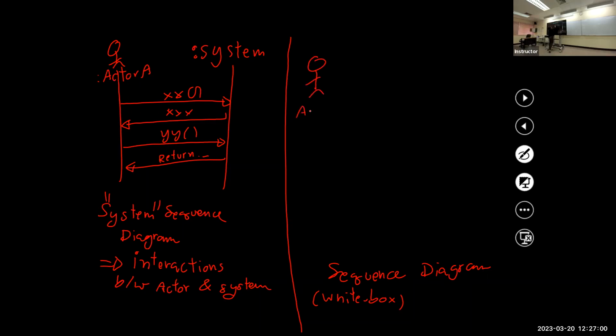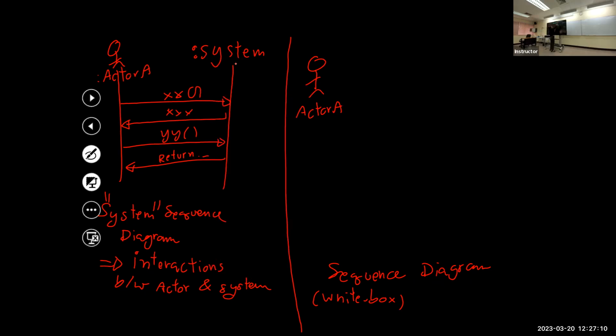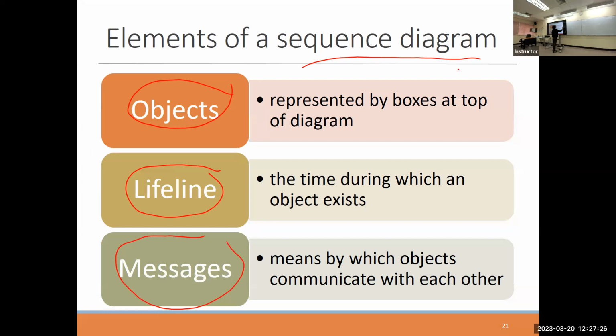We have actor A, but instead of just user and system interaction, we will have something like UI, product, or sales.